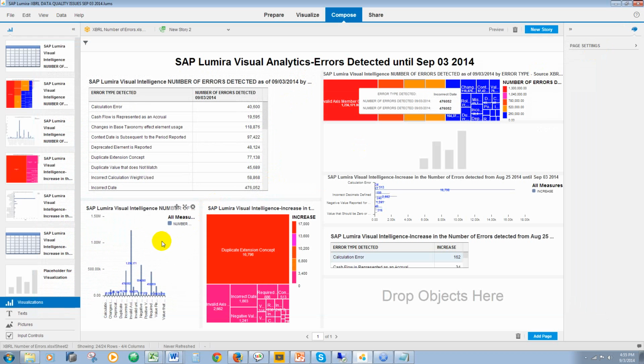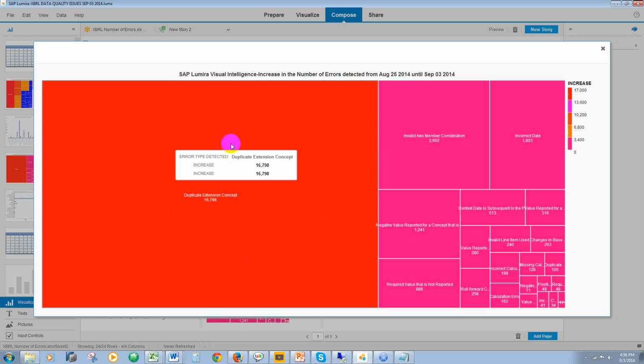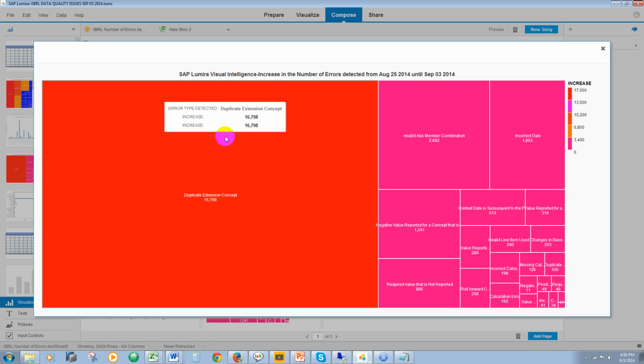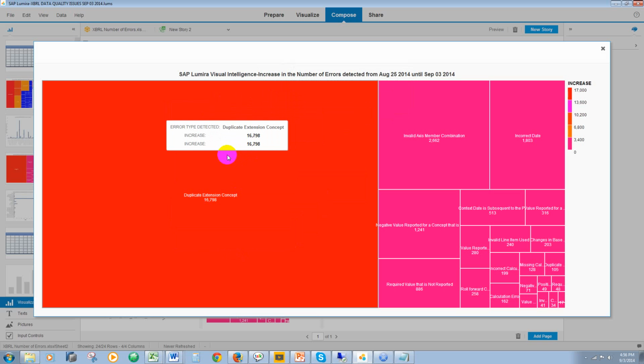Now the changes from last week to this week, let's see that. Let's open this. So this is actually the changes from August 25th, 2014 until September 3rd, 2014. We see that the maximum increase in the errors is with regard to duplicate extension concept.